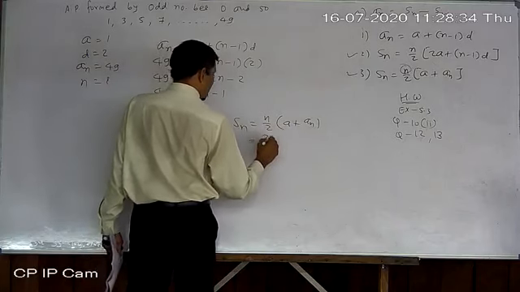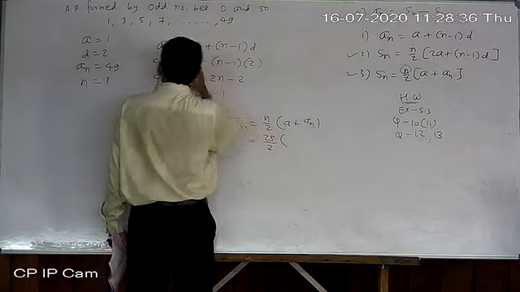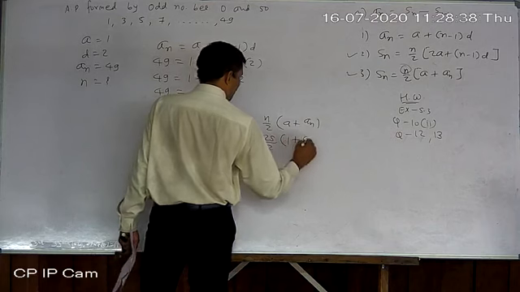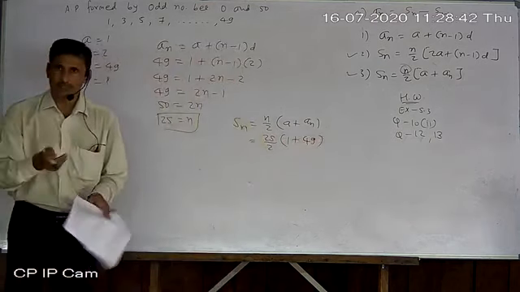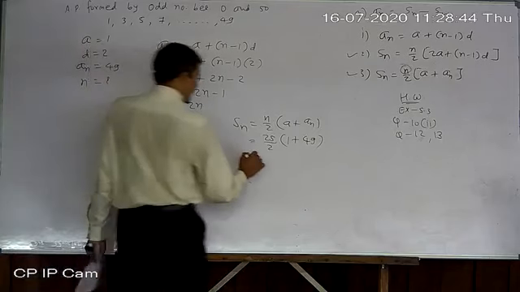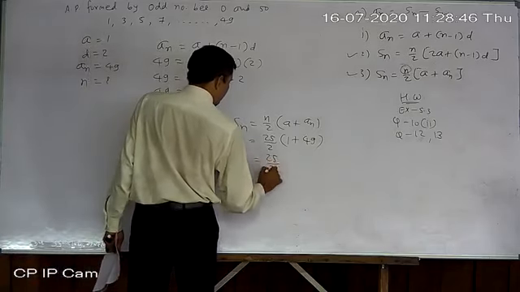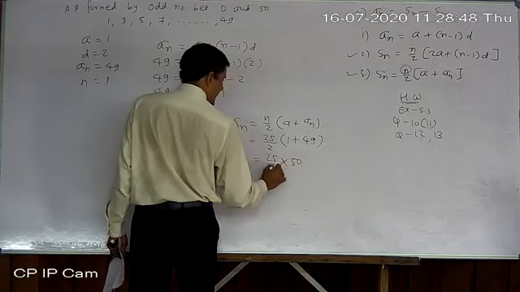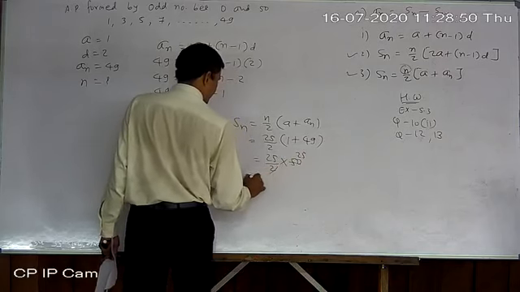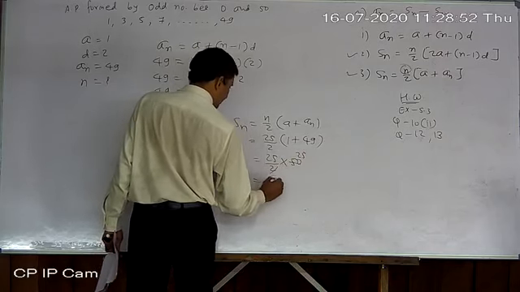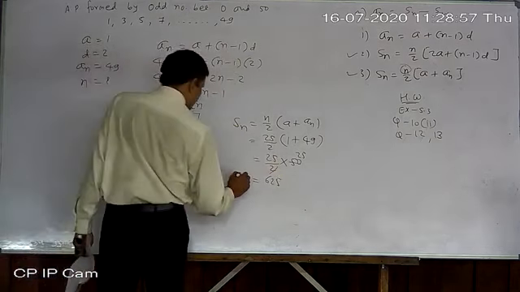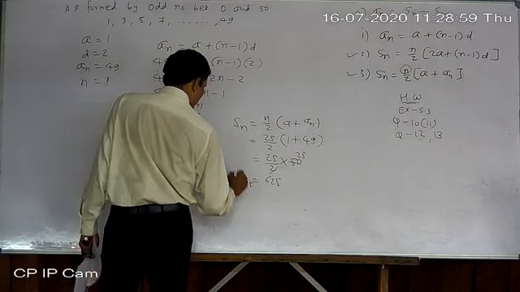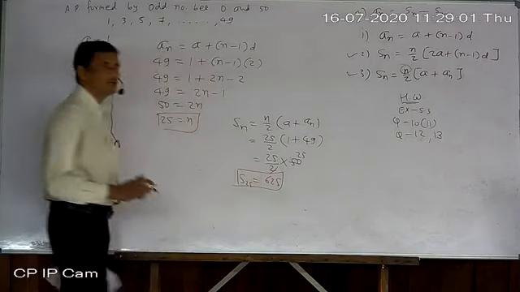Now n we found 25, and a and an both are given, not directly but indirectly. So it is 25 upon 2 into 50, 2 into 25, 25 into 25, 625, square of 25. So 625 is our final answer.